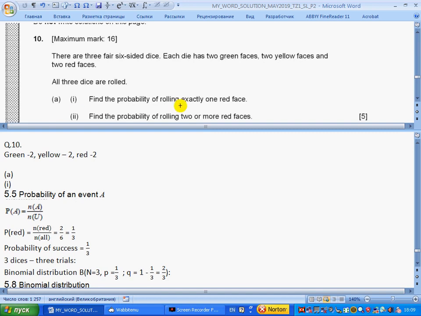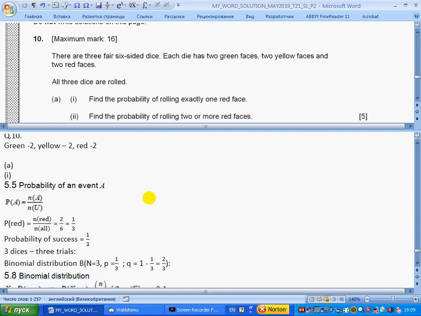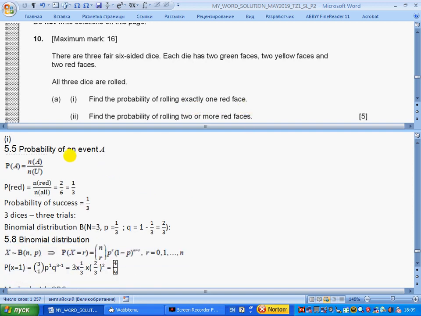Part a, i. Find the probability of rolling exactly 1 red face. The probability of a red face will be the number of red faces over the number of all possible events, so 2 over 6, 1 over 3. If we are throwing 3 dice, we have a binomial distribution with 3 trials, probability of red 1 over 3, probability of not red 2 over 3.